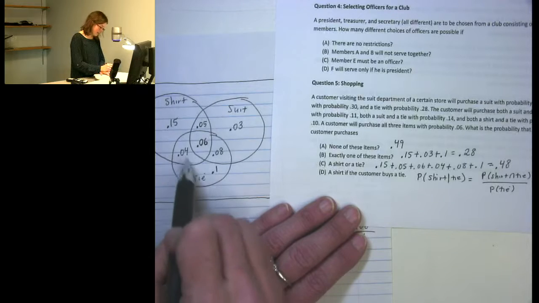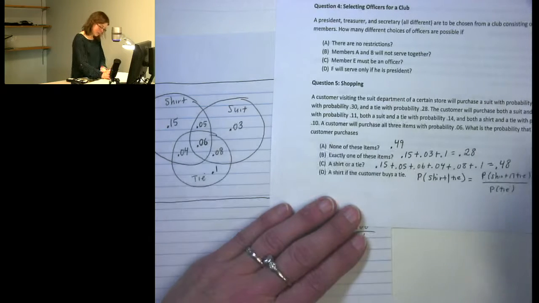The probability of a tie is 0.04 plus 0.06 plus 0.08 plus 0.1.